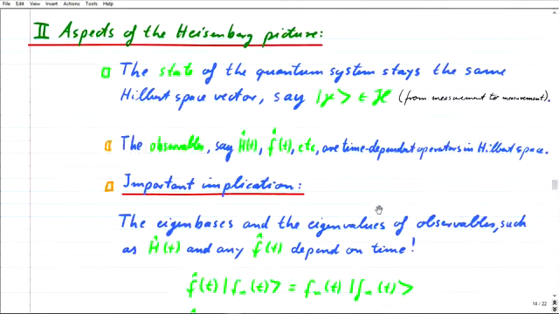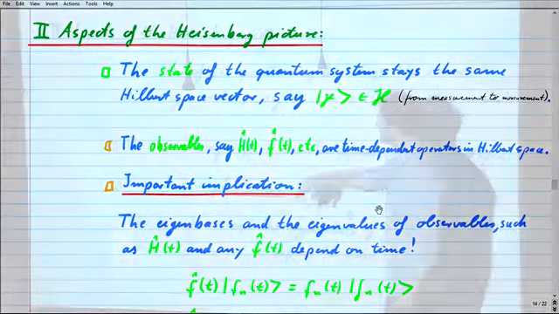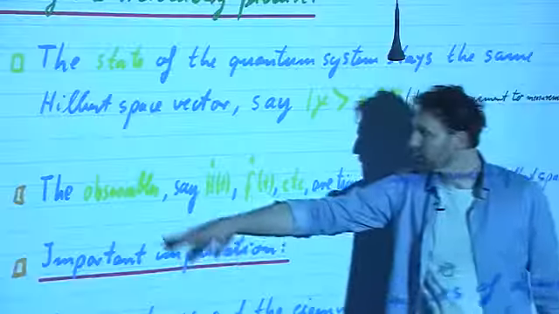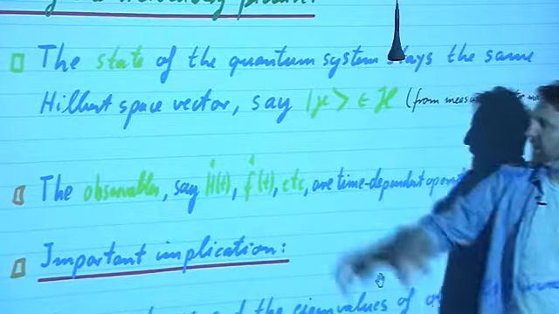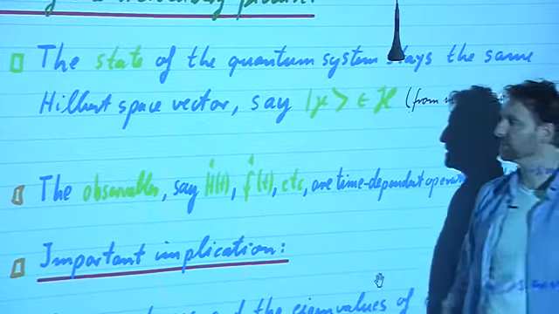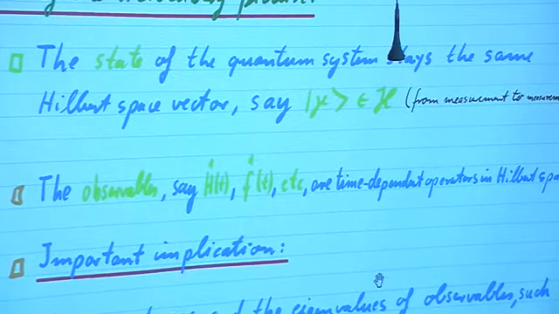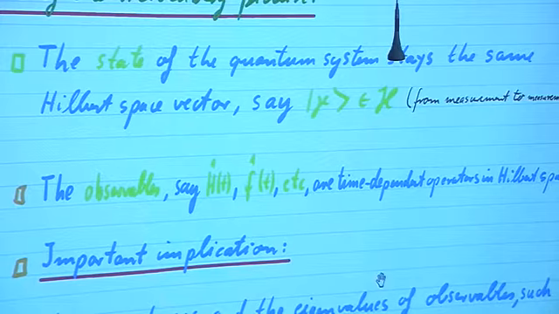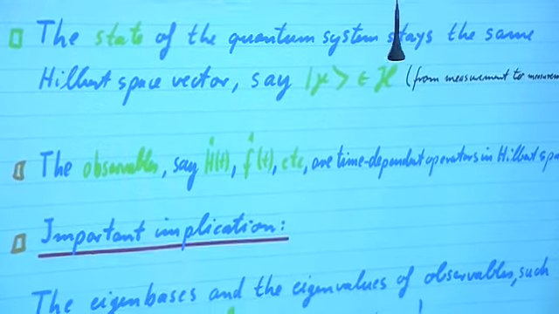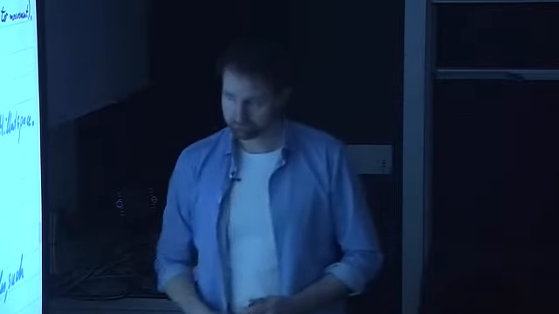So in the Heisenberg picture, the state of the quantum system stays the same, but the observables, such as the Hamiltonian, such as some observables f hat of t, are generally time-dependent operators in Hilbert space. This has important implications for what will happen in this course.